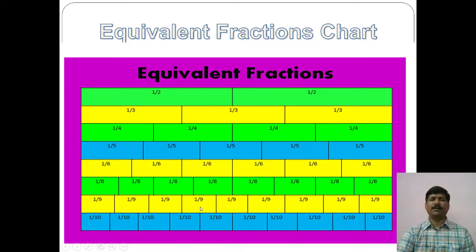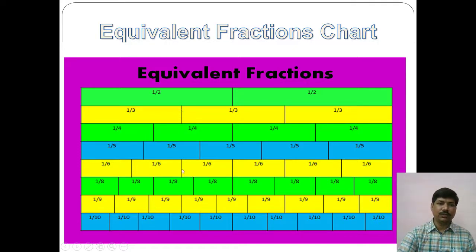You can find some more fractions from this chart. Like this line, this part is 1 by 3, and in the way of this line, this will be 2 by 6, and in the way of the third, this will be 3 by 9.